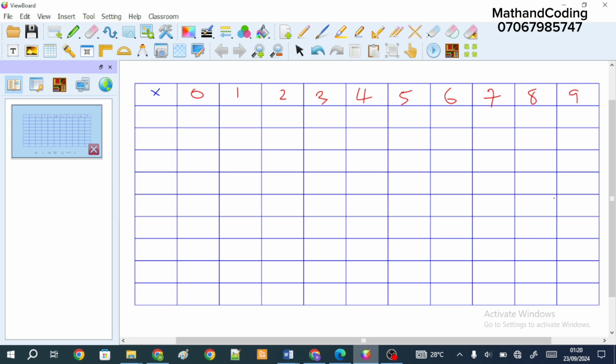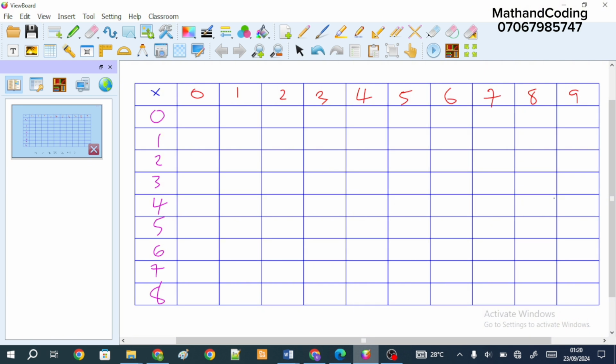And then same thing here, I am going to write 0, 1, 2, 3, 4, 5, 6, 7, 8. I'm still going to do the ninth one as we proceed.